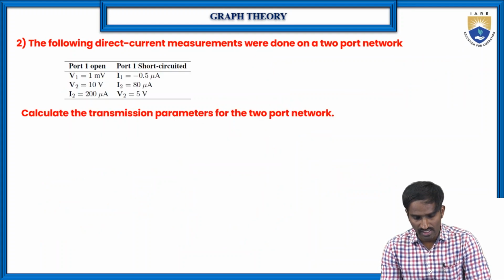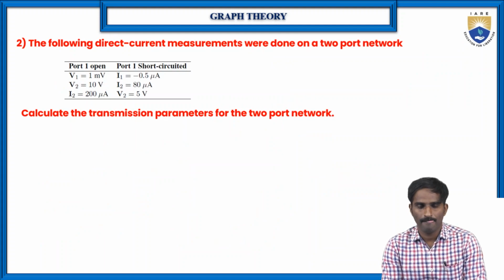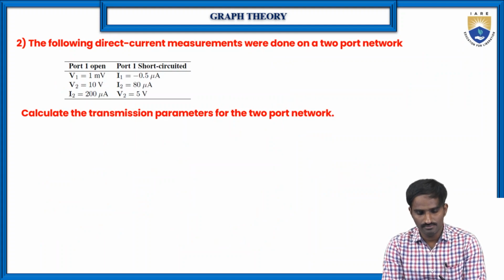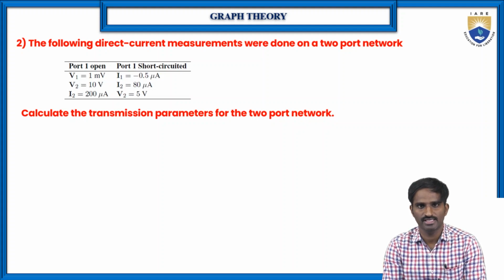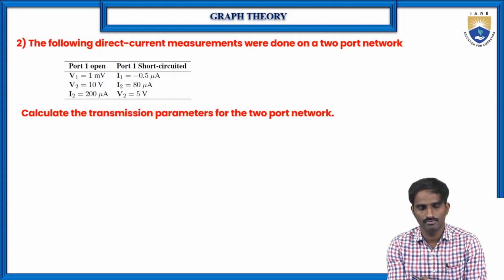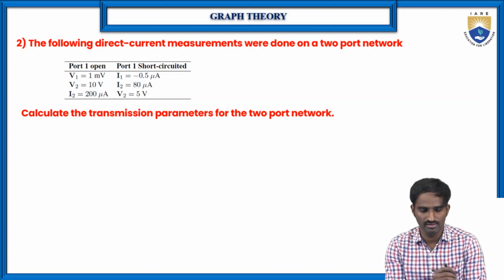Then let us go with another problem. Here it is the other way to find the ABCD or the transmission parameters. With respect to the two conditions, they have given the values of some parameters. The first one is when port 1 is open and when port 1 is short circuited, right?